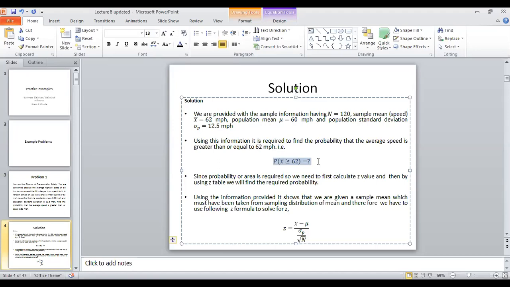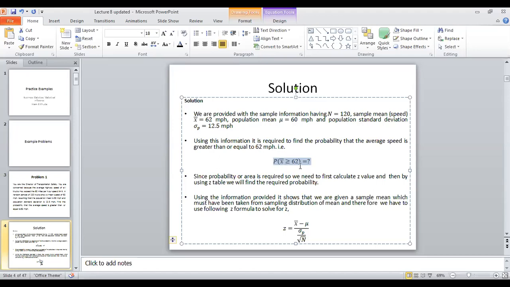is applicable when the random variable is not just a normal random variable, but rather a special type of normal random variable because it contains all the sample means. So it's basically a sampling distribution of the mean. Since we are provided with the sample information, and we have to find some probability related to the sample mean, see the highlighted portion, x bar greater than or equal to 62.